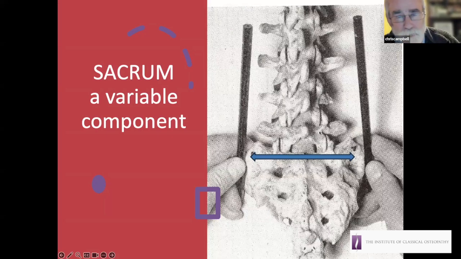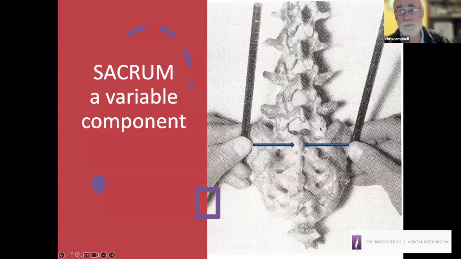Now, if you look at any spines, the ones that you have in your practice and so on, you'll see variations in these facets. Sometimes one being a lumbar type, another being a thoracic type, and they may vary all the way up to the third lumbar. And he chose the mixed ones with the thoracic type facet on one side, the lumbar type on the other.